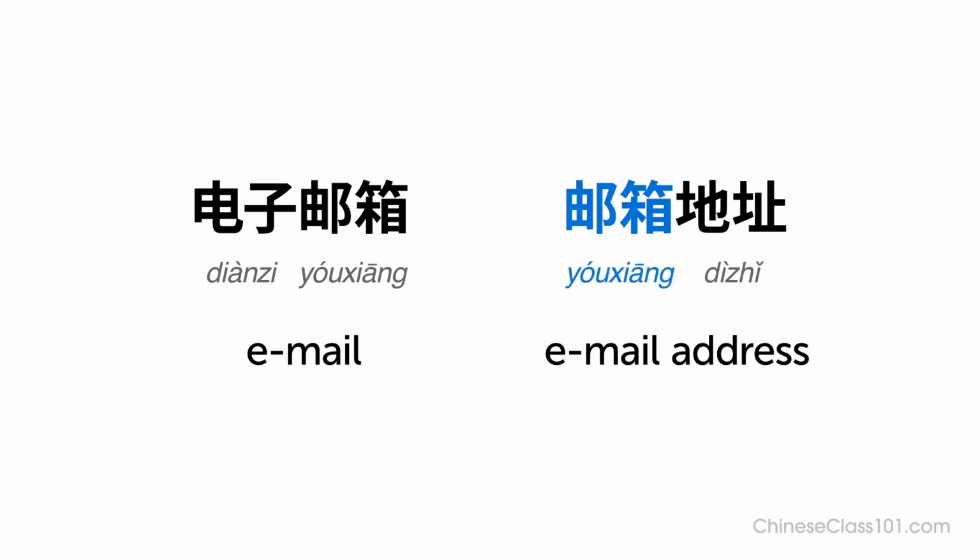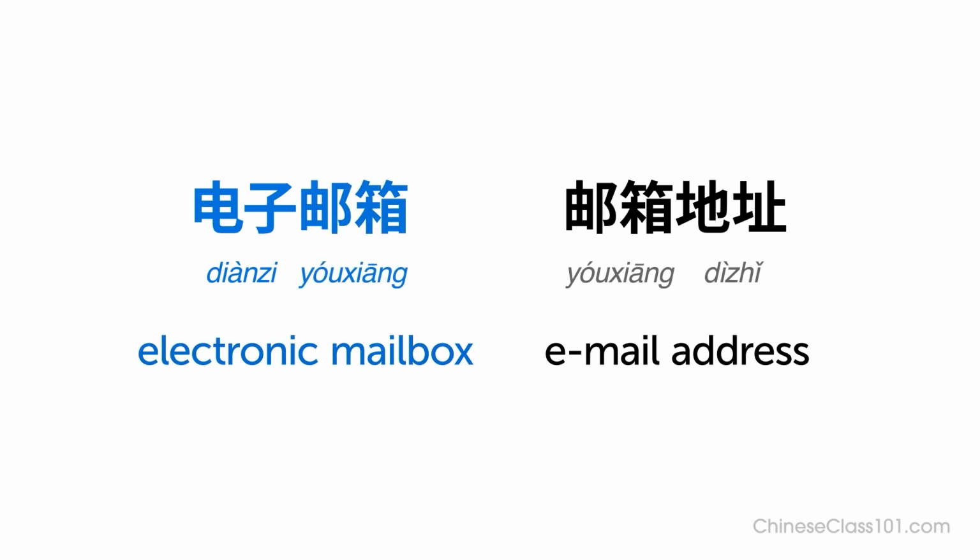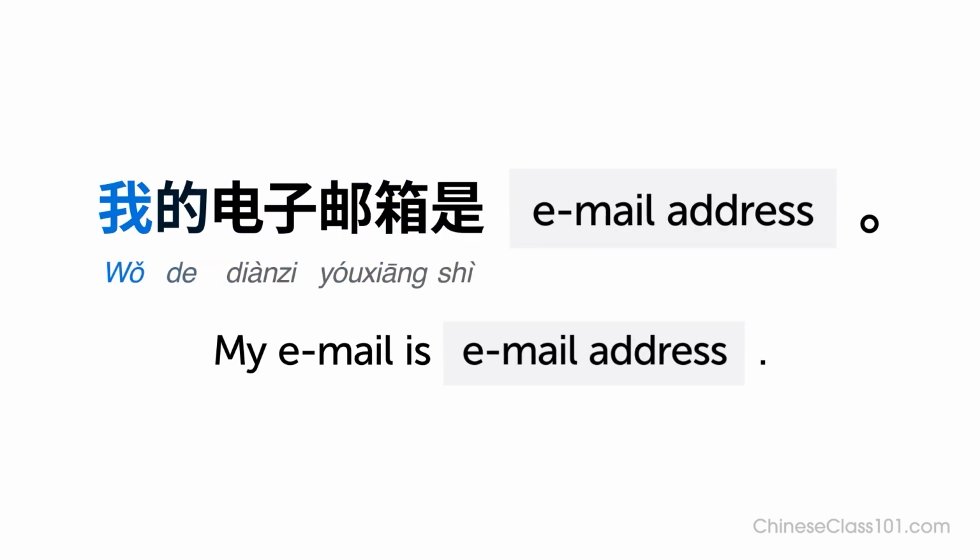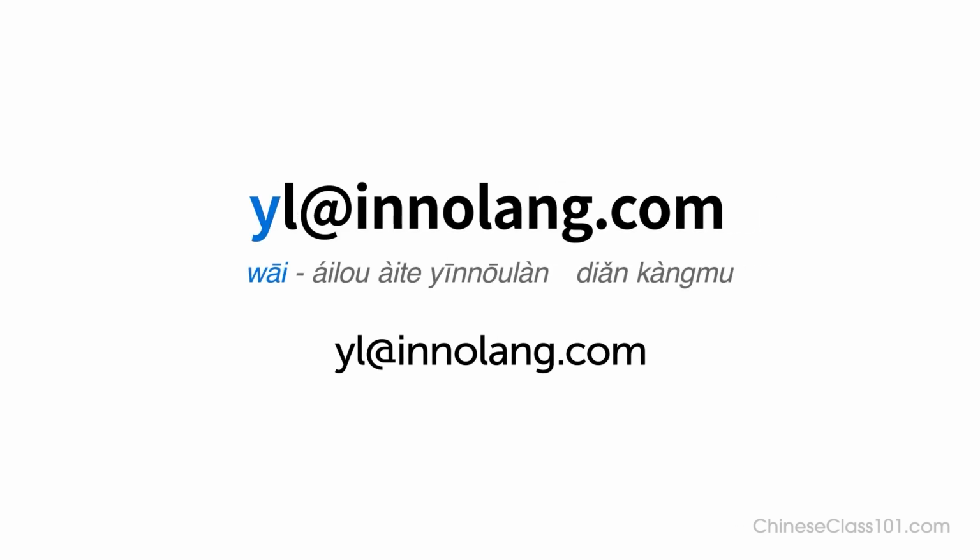Instead of 邮箱地址, the speaker said 电子邮箱, which literally means electronic mailbox, but translates as email. The pattern is 我的电子邮箱是 email address: my email is, email address. This can be shortened even further: yl@innoland 点 com.